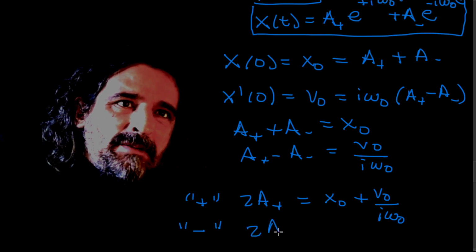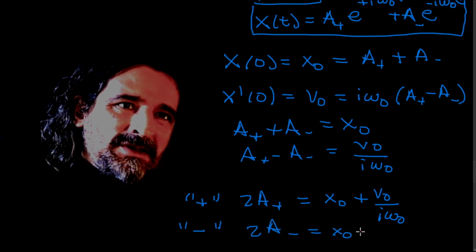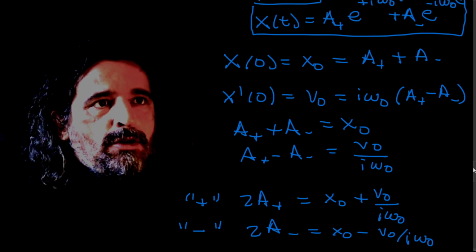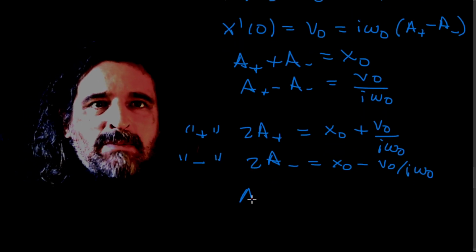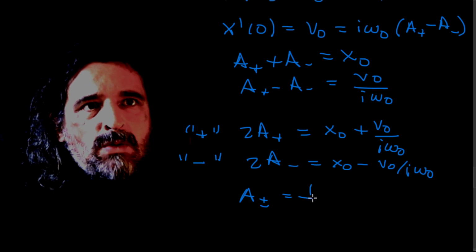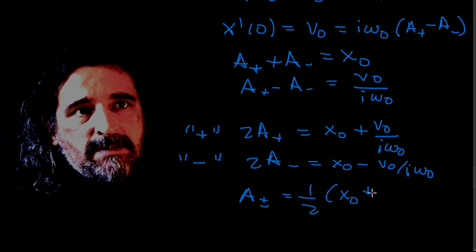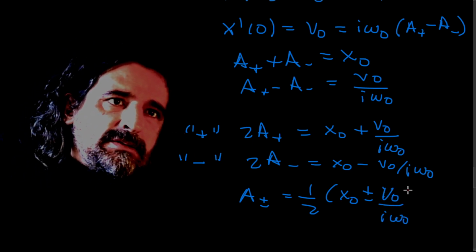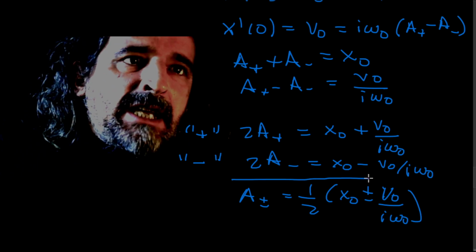Then you get 2a minus equals x naught minus v naught divided by i omega naught. So we have found a formula for a plus minus, both of them at the same time: 1/2 of x naught plus minus v naught divided by i omega naught. We found the a plus minus.